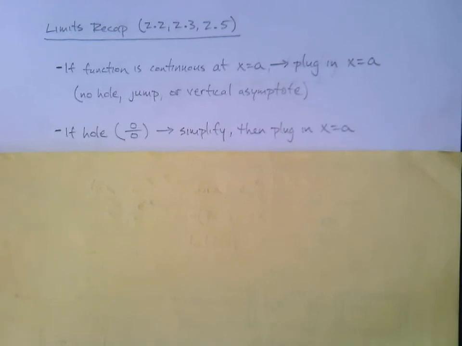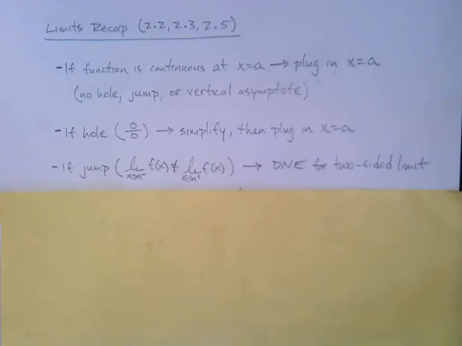So maybe we can factor, or maybe there's a conjugate and we can multiply top and bottom by the conjugate. Maybe it's a common denominator, kind of simplifying. So we simplify first, and our hope is that we're able to cancel out that troublesome piece of the denominator that's making us divide by 0, and then we can plug in. We've seen plenty of examples that way.